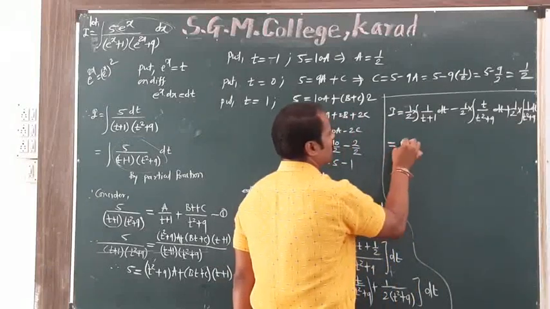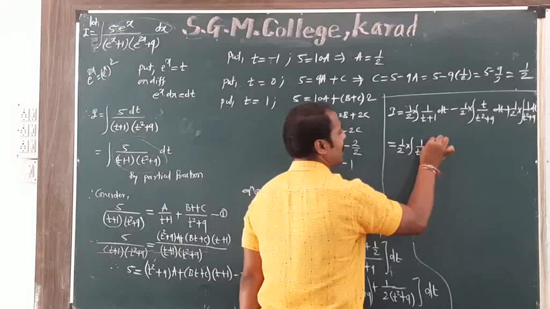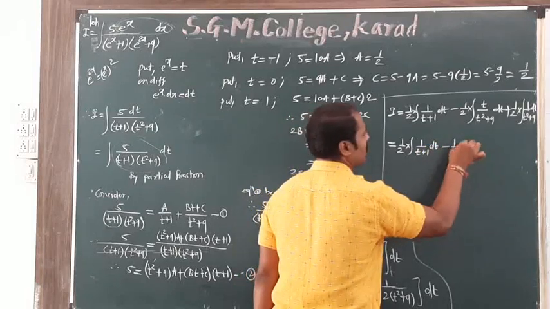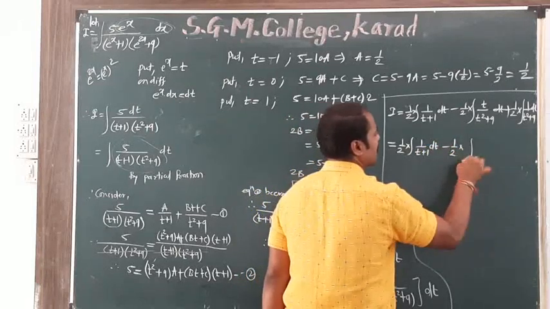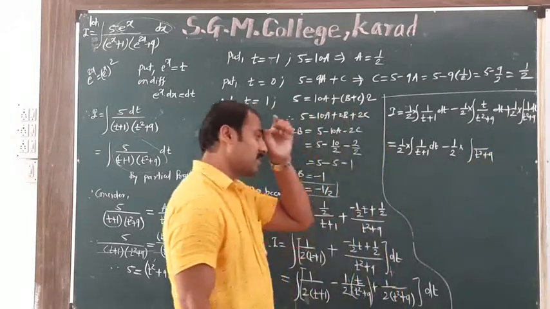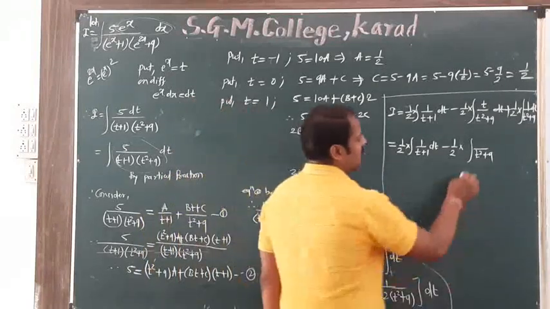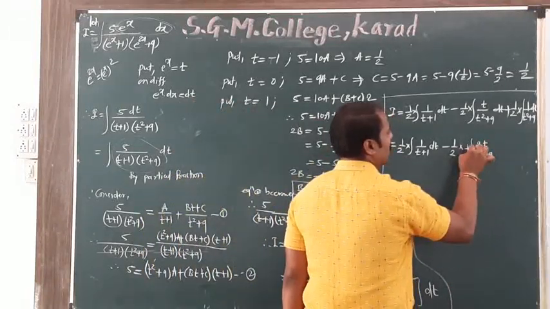This is equal to 1 upon 2 into integration of 1 upon t plus 1 as it is, minus 1 upon 2 into adjusting the derivative of the denominator in the numerator. Here the derivative of t square plus 9 is 2t, so we adjust the term 2.